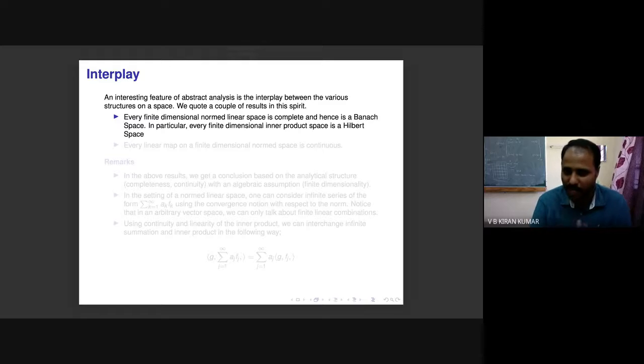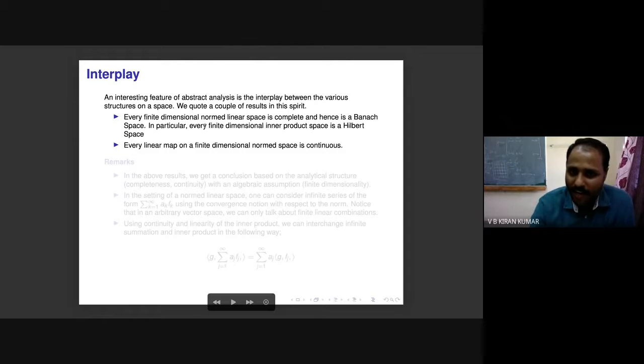In particular, every finite-dimensional inner product space is a Hilbert space. Remember the role played by the finite dimensionality. Finite dimensionality compels the space to be complete. Similarly, every linear map on a finite-dimensional space is continuous. This is something we mentioned yesterday itself.